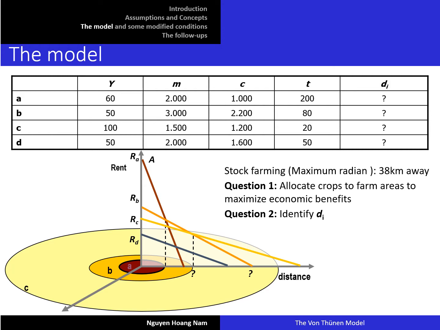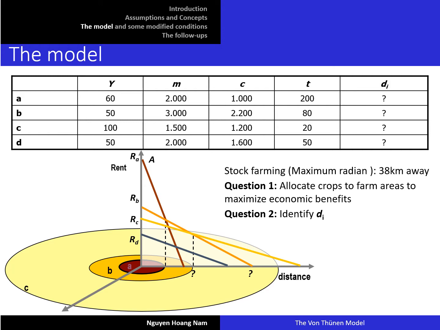Then we'll go for the second highest transport cost product, which is B, and B should be put just after A. Then D is the third highest, and C is the last one.